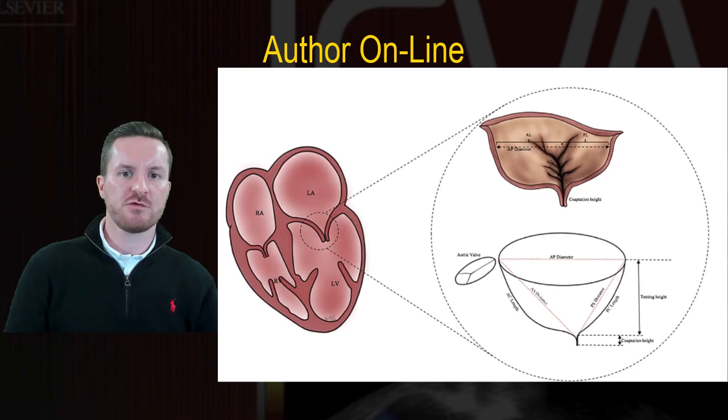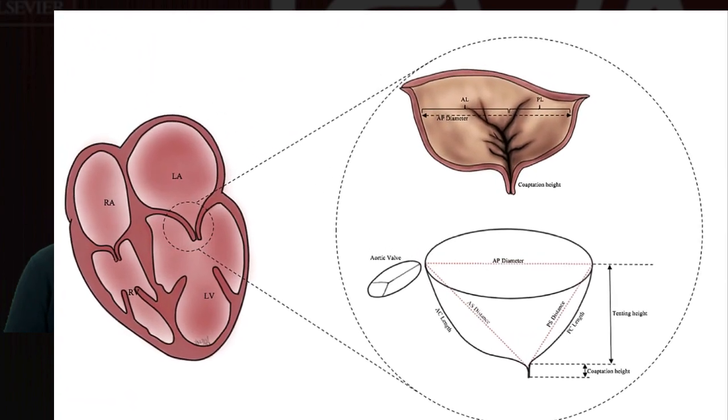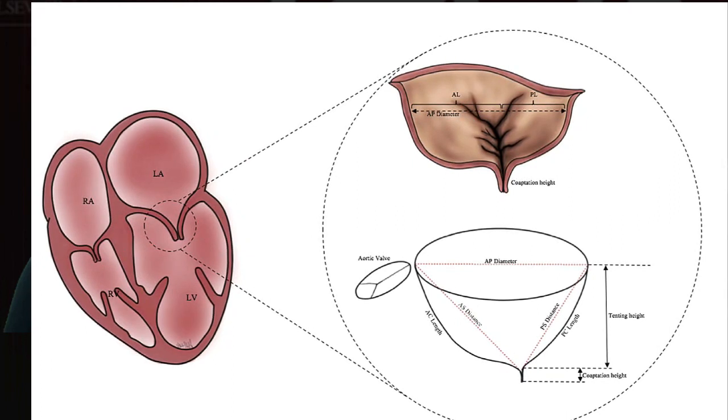The zone of coaptation refers to the degree of apposition between the anterior and posterior mitral valve leaflets. And this zone of coaptation extends from the anterolateral to the posteromedial commissure of the valve. The importance of this coaptation zone refers to the structural integrity of the valve to sustain geometric changes in patients with ischemic heart disease.